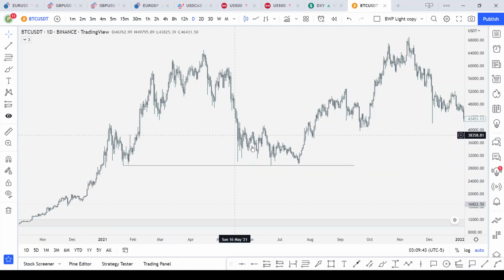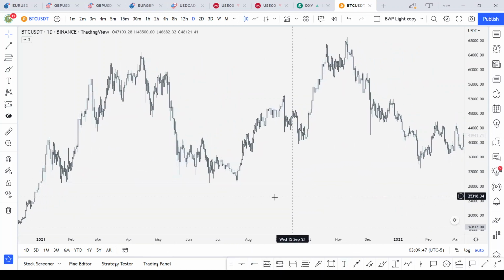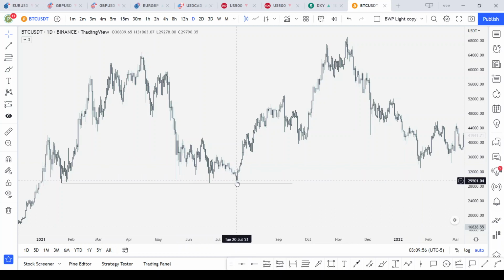Let me annotate this. I'll show a lot of examples so it doesn't take too much time. So here you see the initial consolidation, and then price would all of a sudden move away from that initial consolidation and then come back down to retest it.